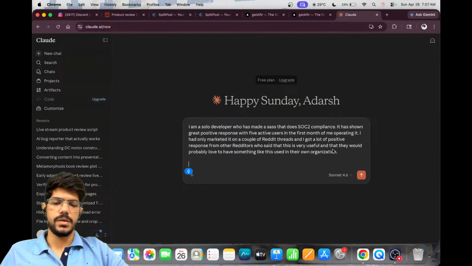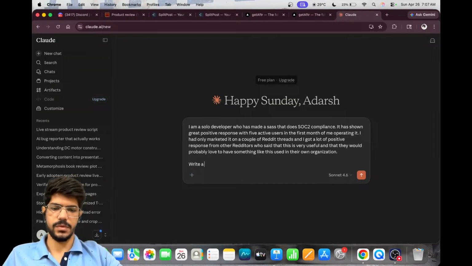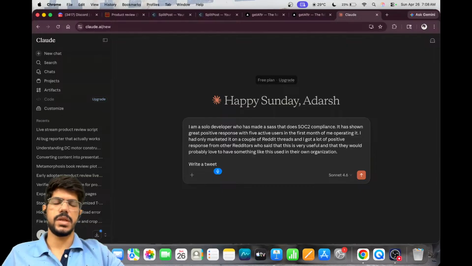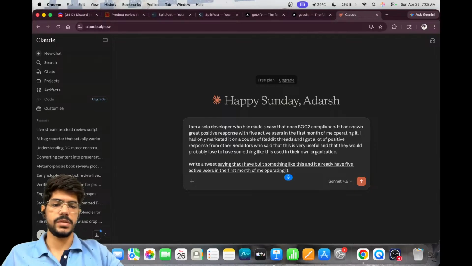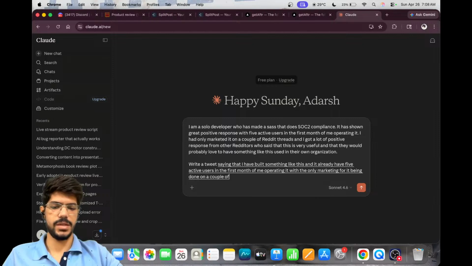Write a Twitter post. Fuck, it's not a Twitter post. Tweet saying that I have built something like this and it already has 5 active users in the first month of me operating it, with the only marketing for it being done on a couple of Reddit threads.